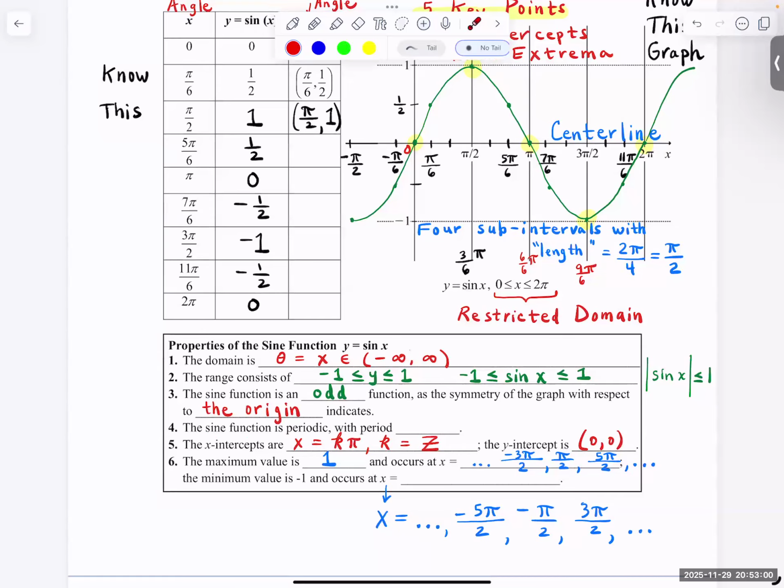The sine function is periodic. Its function value repeats every 2 pi radians or every 360 degrees.